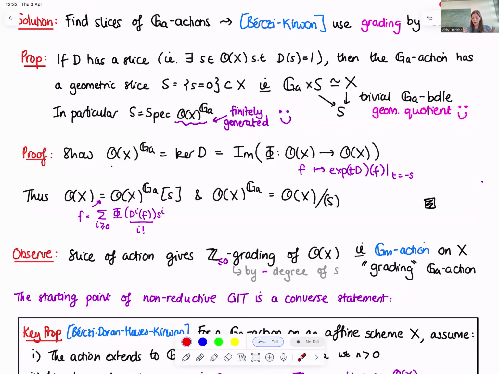And then finally, there's another condition, which is not really to do with these graded conditions. These are sort of both graded conditions in a sense, but you ask that every G_m fixed point has trivial G_a stabilizer.